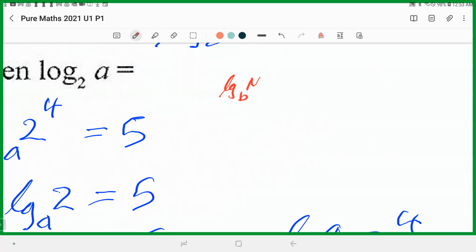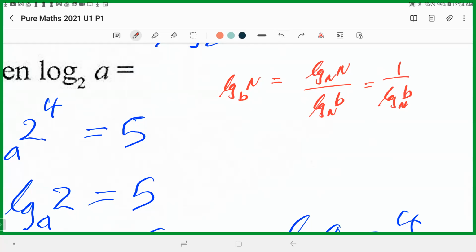Suppose you make the new base be n. Then it will be log of n to the new base n over log of b to the new base n. And this is 1. So it becomes 1 over log of b to base n. That's how I go from that to that. So essentially, you can flip around these two and take the reciprocal.